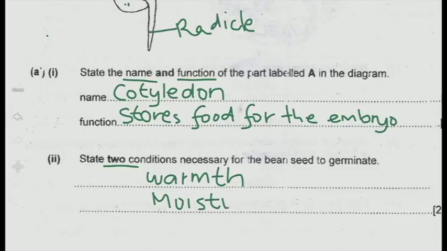In fact, you choose warmth and moisture. We do have what? Sunlight. We do have sunlight. We do have air. So you choose among them because they say state 2 conditions that are necessary for the seed to germinate. We go to the next question.